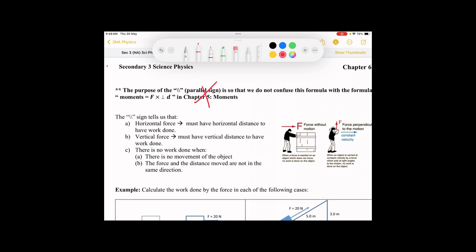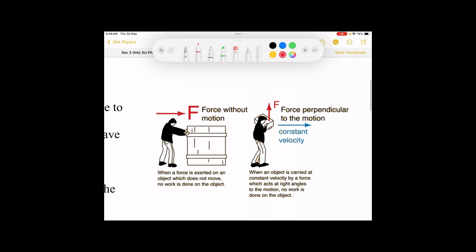Here's the case. If I have a force acting, this guy is pushing towards the right, and the object does not move, what does this mean? This means that the parallel distance is 0. By the formula, there is a force but no distance traveled in the direction of the force, so there is no work done.